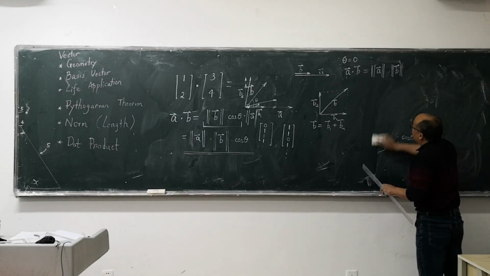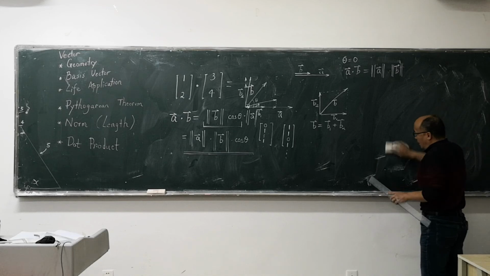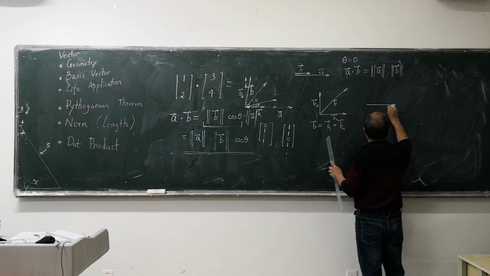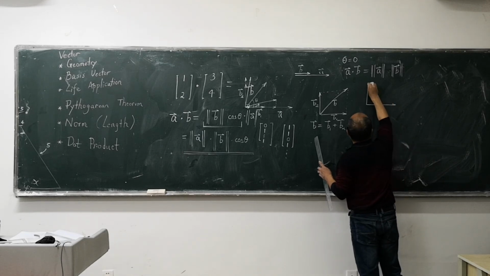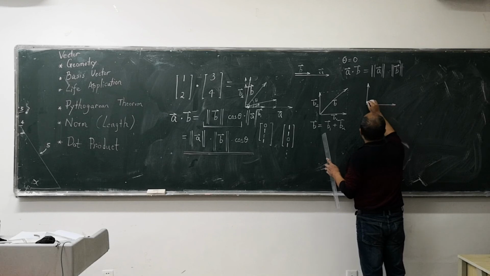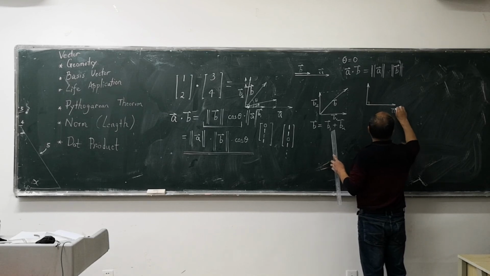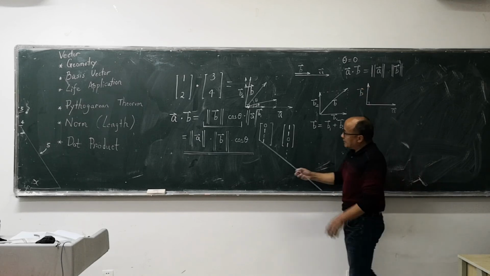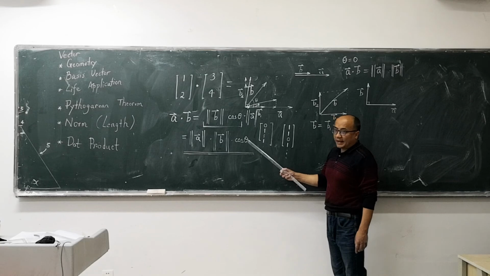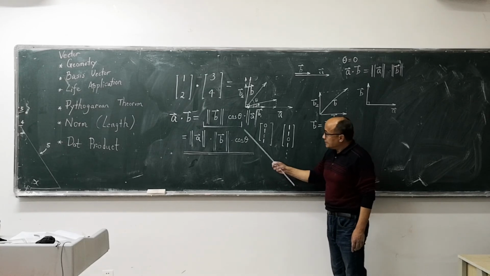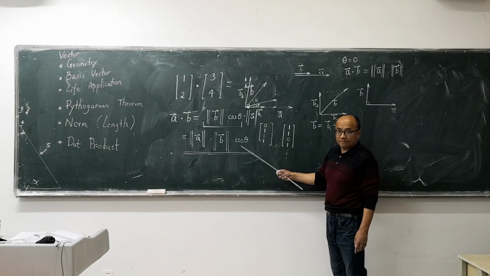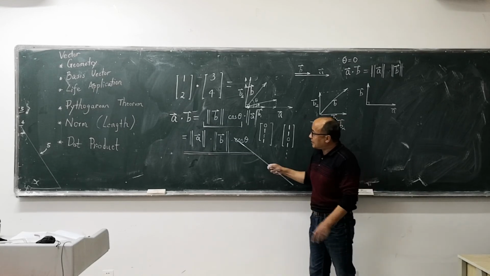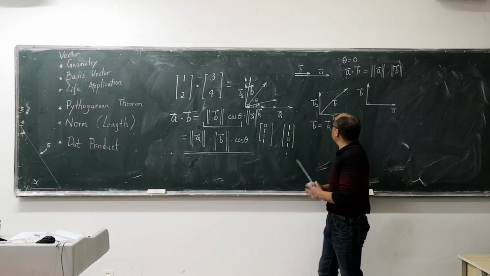Another case is when A and B are vertical. Nothing in common. This is A, this is B. The theta is 90 degrees. When theta is 90 degrees, cosine is zero. Something that doesn't matter, times zero is zero.